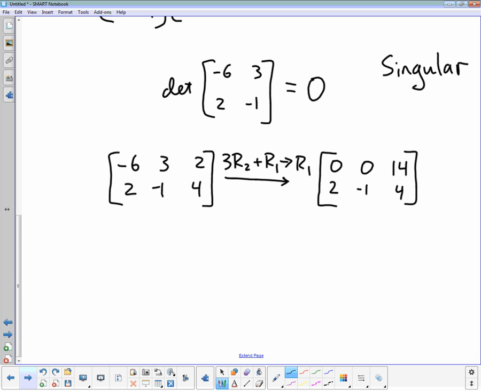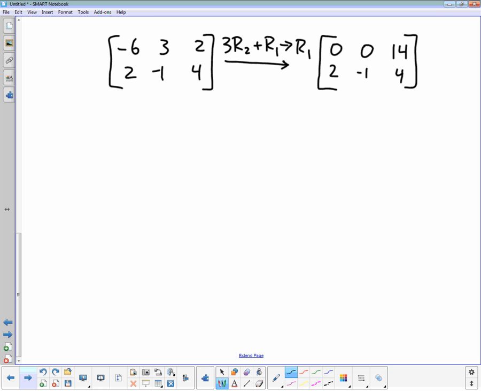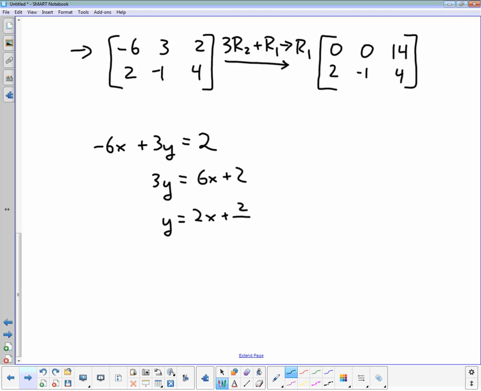Okay? And in fact, if we were to try and plot this, looking at these two equations, if I wanted to graph them, remember, they're lines, they're linear equations.